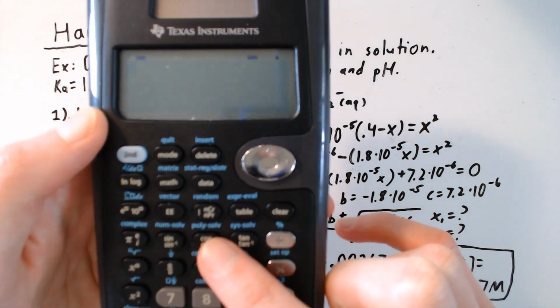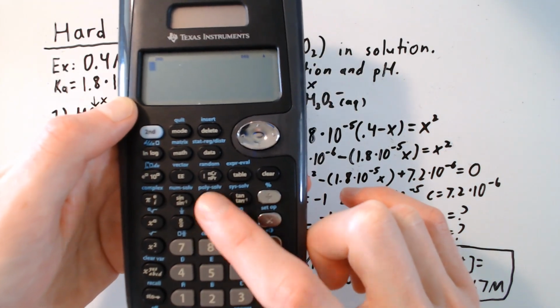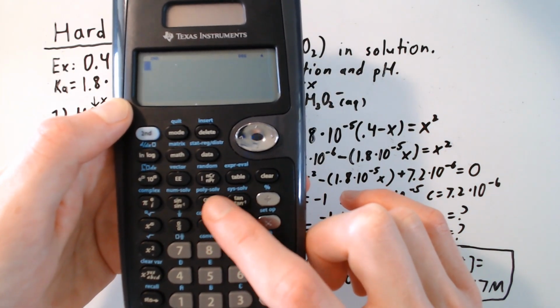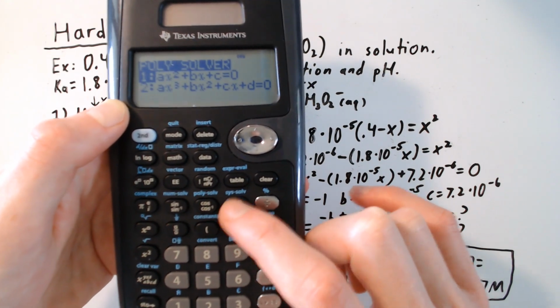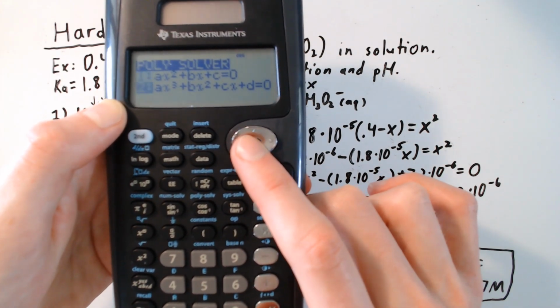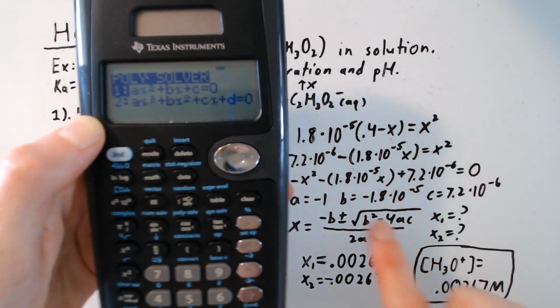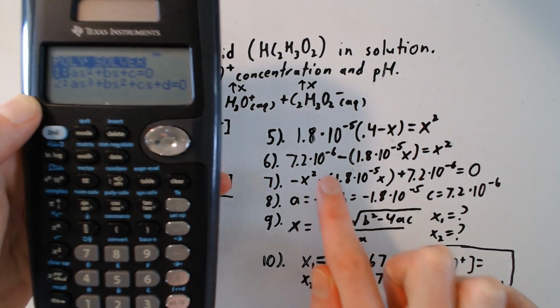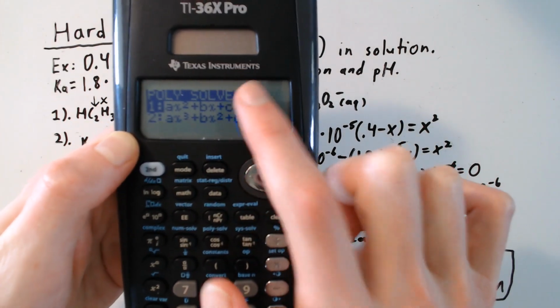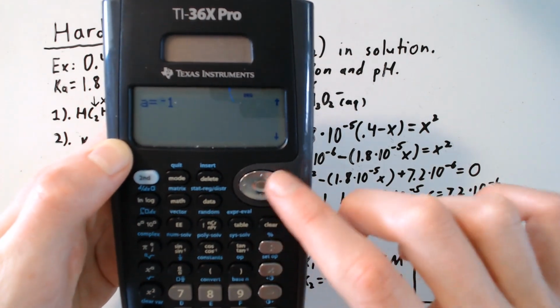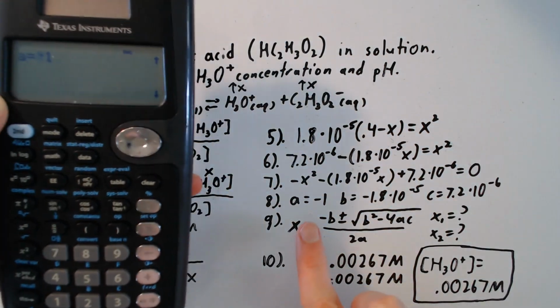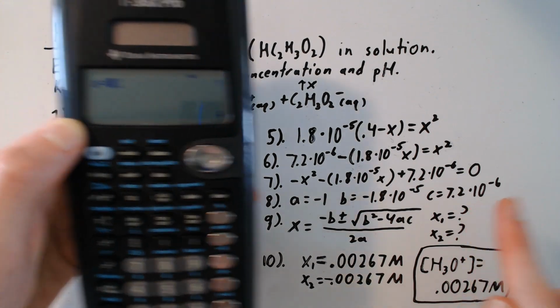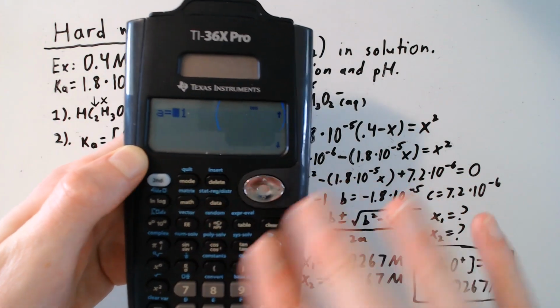You can see it says poly solve on top of the cos button. And here we have these quadratic equations we can solve. But we know that this quadratic equation is in the x squared form. So we click on the first one, and we can just plug in all of these coefficients to get it automatically.